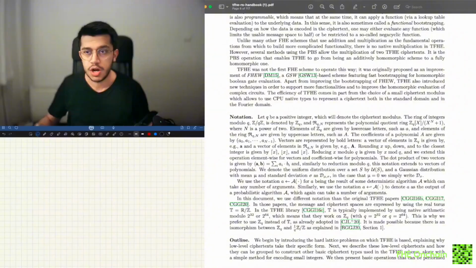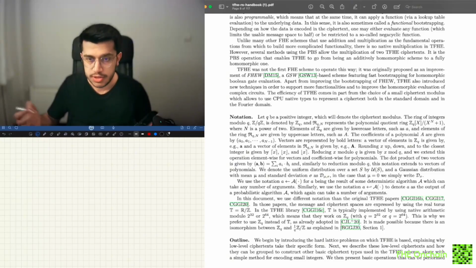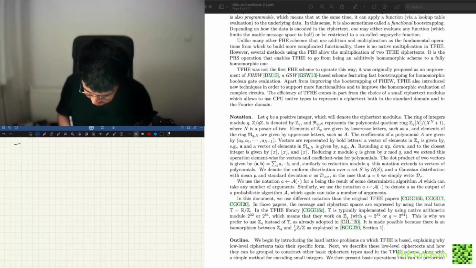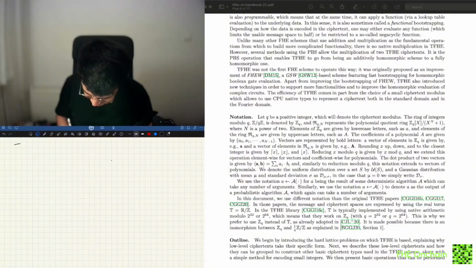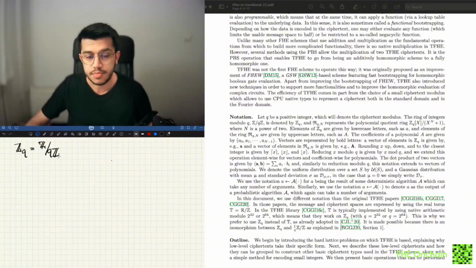So we're going to work on the ring of integers, obviously with a modulus q, and we're going to denote it by Z_q, which is essentially equal to Z mod qZ.